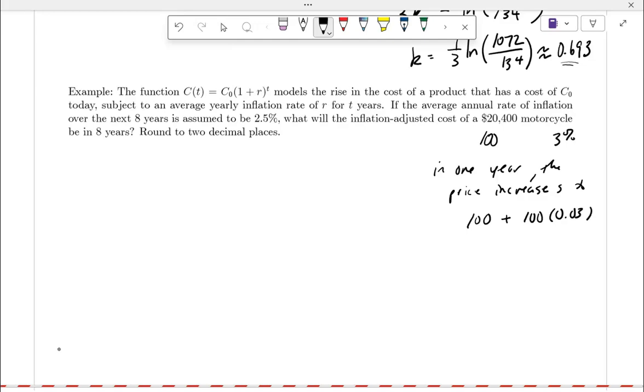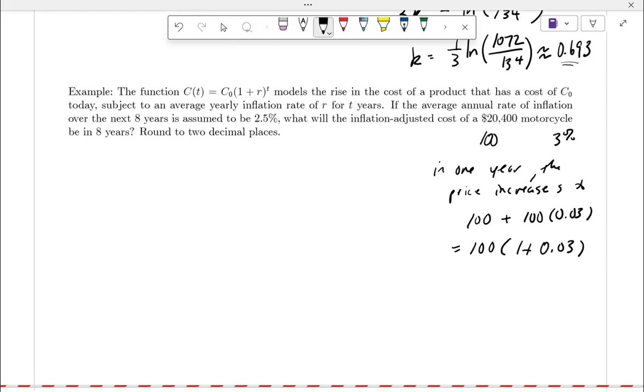You would take the percentage times the amount, but then you have to add the amount on again. That's where the 103 comes from. Notice if I write it this way, I can pull the 100 off, and then I've got 1 plus 0.03 there. Notice the 100 here was the initial amount, and that 0.03 is the inflation rate. Notice it's exactly what it has here inside those parentheses, doesn't it? The 1 plus the inflation rate, and then the initial amount here.